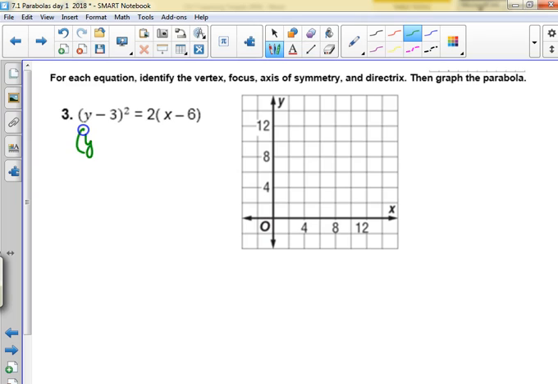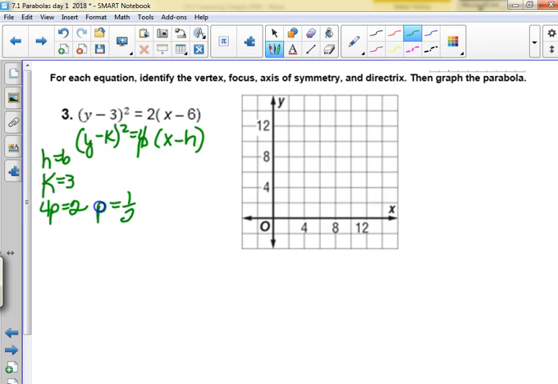This would be y minus k quantity squared equals 4p times x minus h. So I'd get k is 3, h is 6, 4p is 2. What does that make p, guys? Okay. This one has a y squared, so it opens sideways.